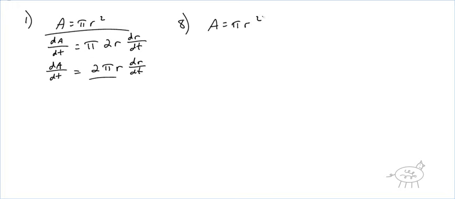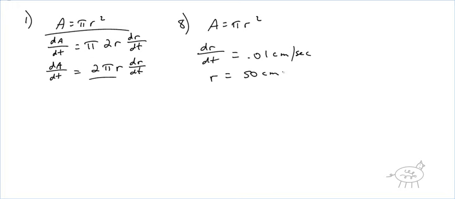They're telling you the radius is increasing at a rate, so they're giving you dr dt, and that's 0.01 centimeters per second. And they want to find when the radius is 50 centimeters, so r is equal to 50 centimeters. And the question they're asking is to find dA dt, the rate that the plate's area is increasing.